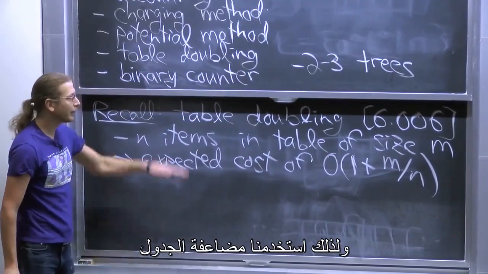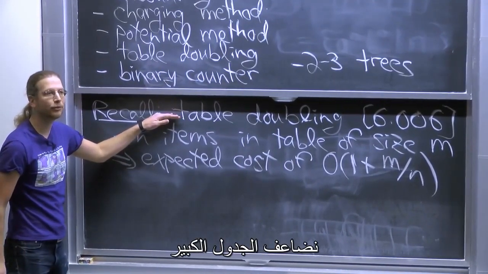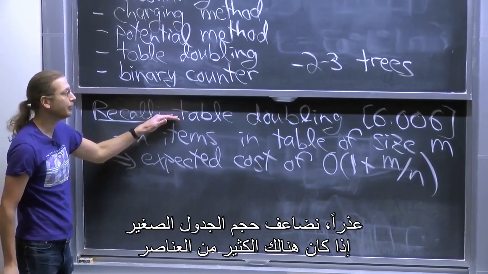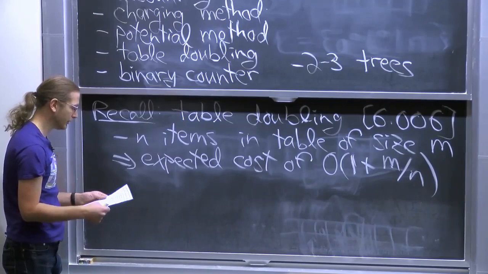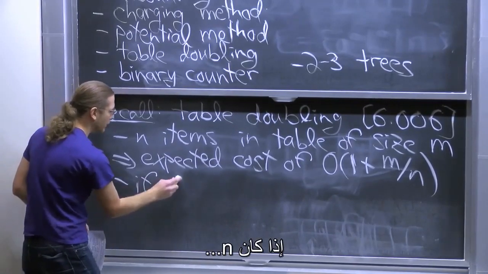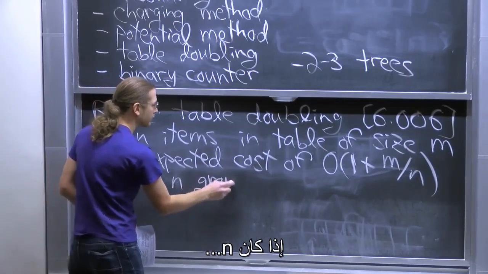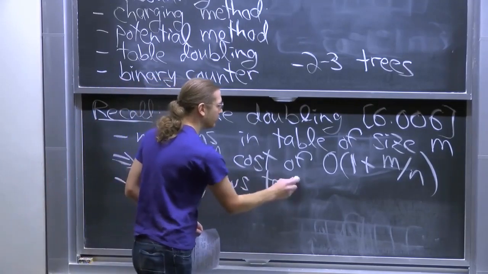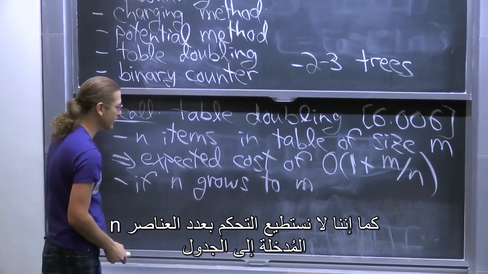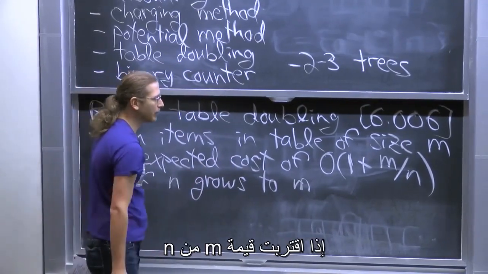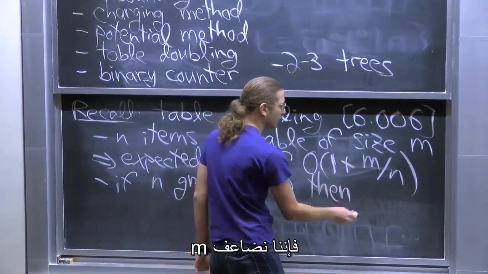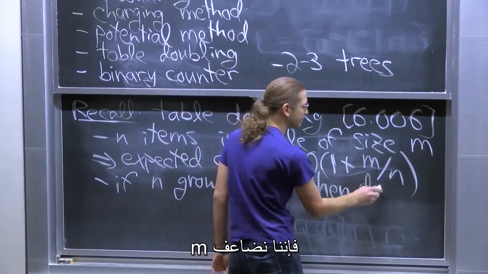And the solution for doing that was table doubling. Whenever the table is too small, when you have too many items, double the size of the table. So n is the thing that we can't control, that's the number of items somebody is inserting into the table. If n grows to the value to match m, then double m.